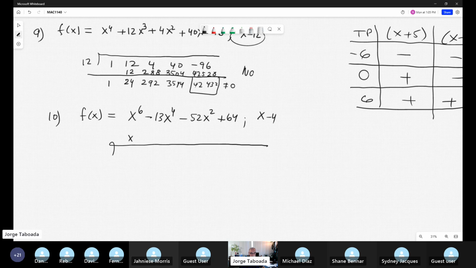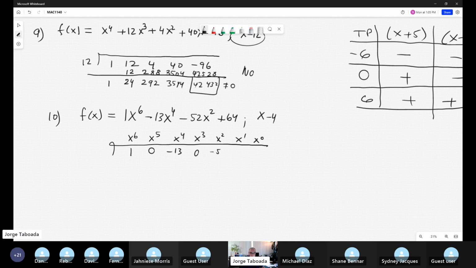You put x to the 6, x to the 5, x to the 4, x to the 3rd, x to the 2nd, x to the 1, and x to the 0, degree 0. And you put 1, which is the coefficient here, but x to the 5 is missing. This is a 0. Now, negative 13 is for the fourth power, and the cubic is also missing.